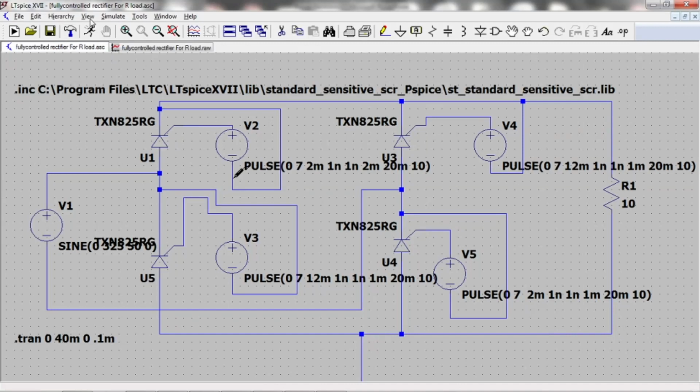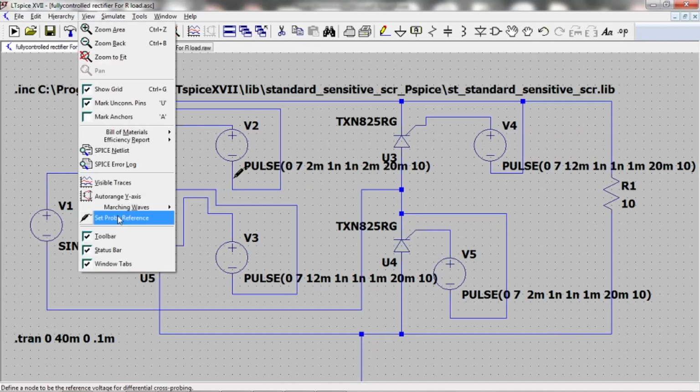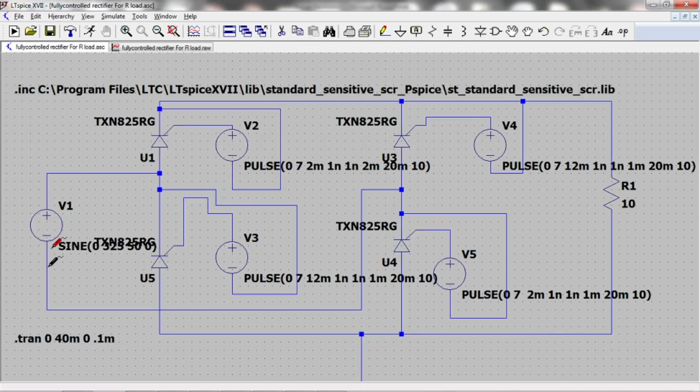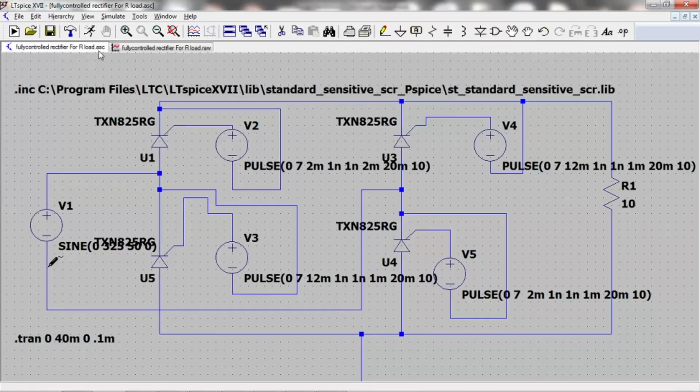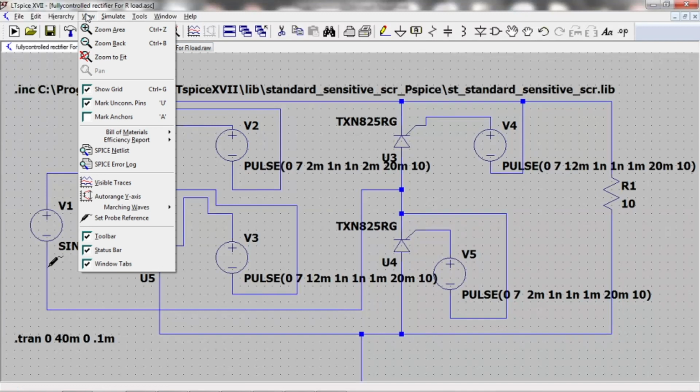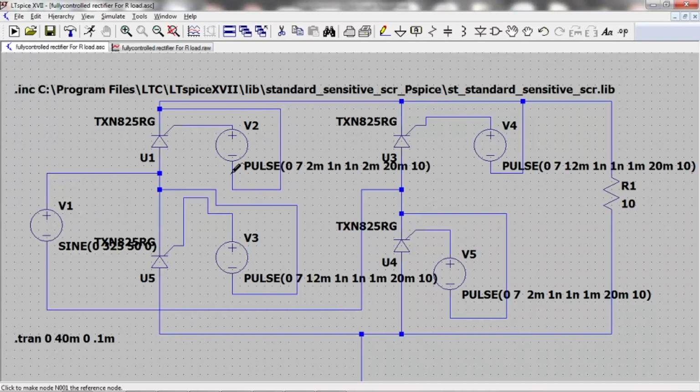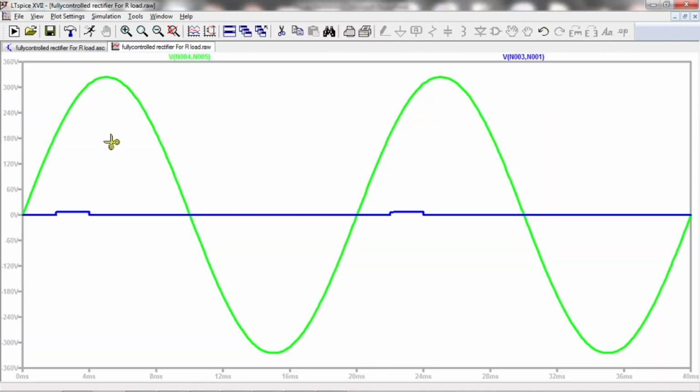So now I will show you both the input voltage along with your gate voltage. This is the input voltage. See, this is 325 and this is 7 volt, it is very small, so it is showing like this.